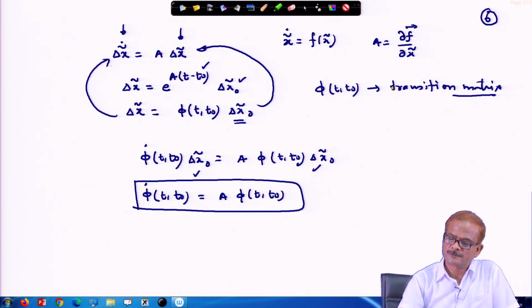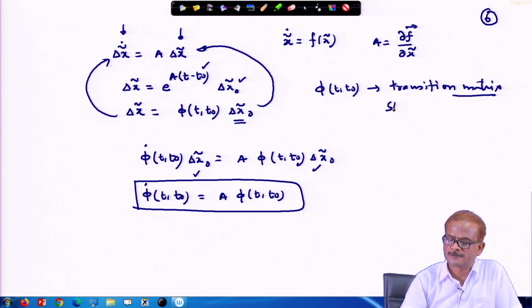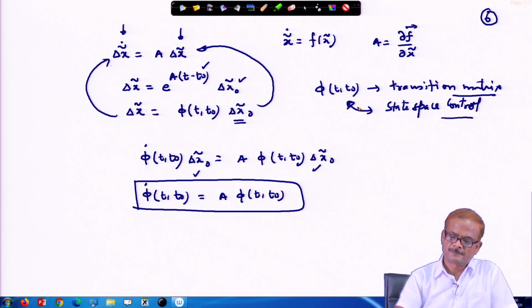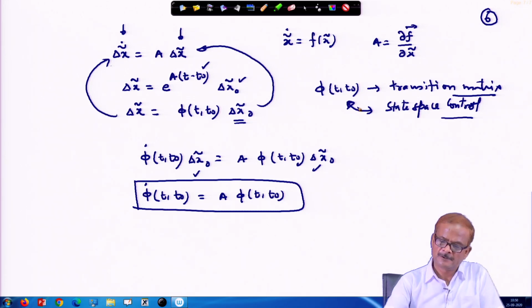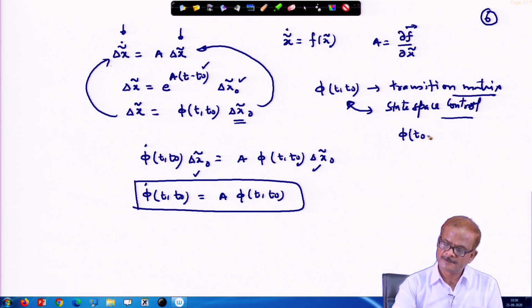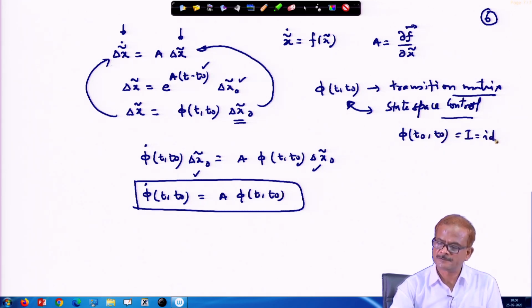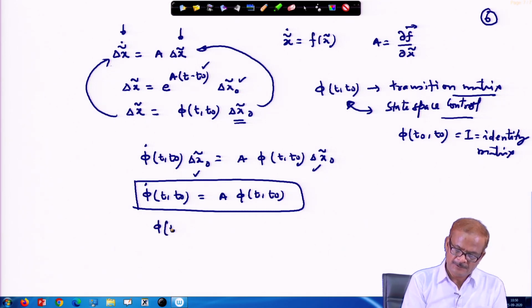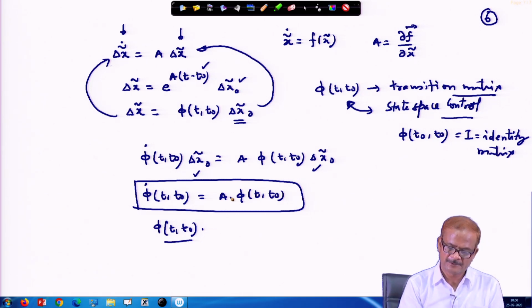So, in any controls book you look into the state space method, state space control, and there you will find what this transition matrix's properties are. So, I will just state that phi t 0 t 0 equal to I, which is the identity matrix, and therefore, this phi t t 0 at different instants of time can be evaluated by integrating this.